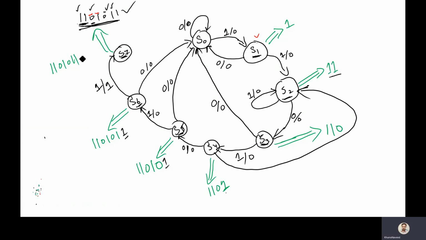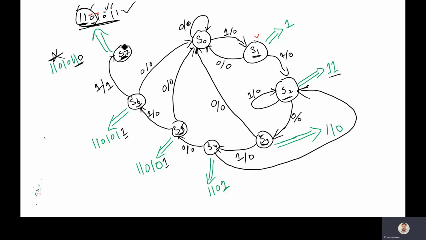So in this situation, when we are at state S7 and we have already received the sequence, now if we get a 0 at state S7, this means we already have received the first 3 bits of the sequence, 1 1 0, and we can discard the rest, right?